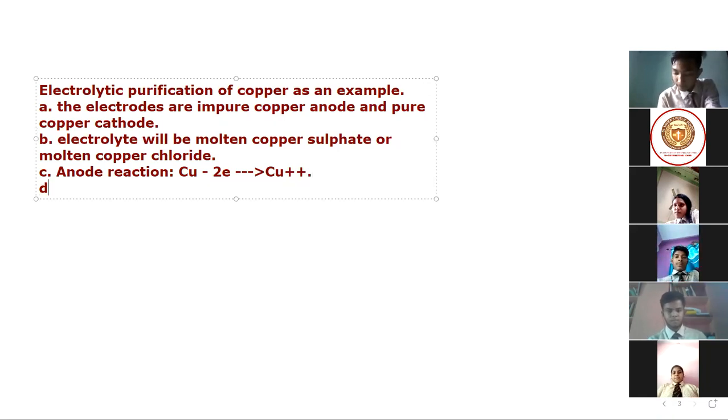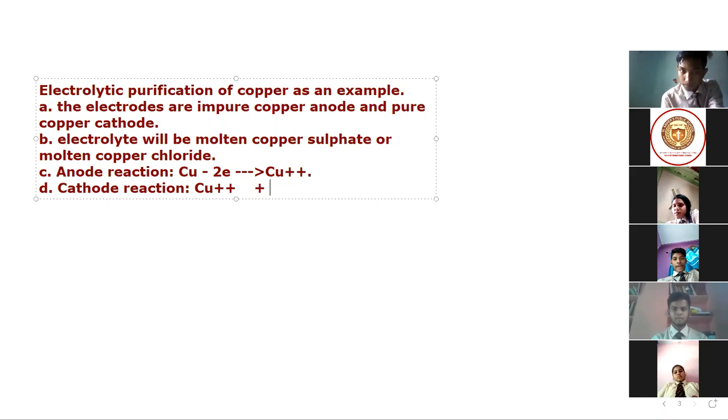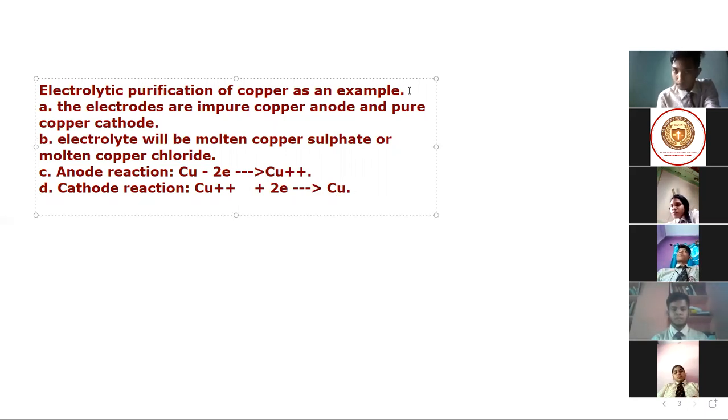The next one is cathode reaction. Cu 2+ ions will gain 2 electrons and will get converted to Cu. So basically, observations.